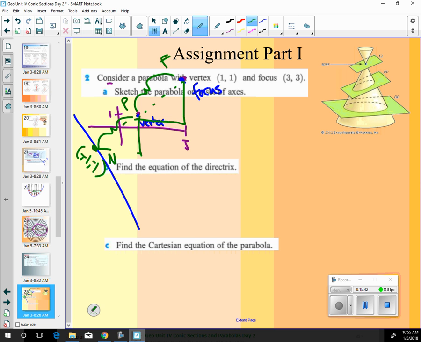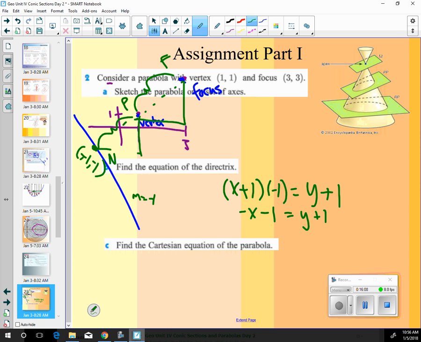What's this slope going to be? 1. So what will this slope be? Negative 1. So the equation of the directrix is just going to be x minus negative 1 times negative 1 equals y minus negative 1. So I think this is just going to be negative x minus 1 equals y plus 1.